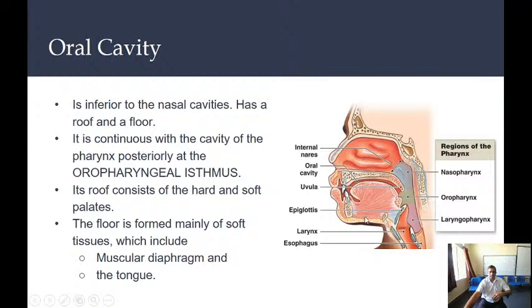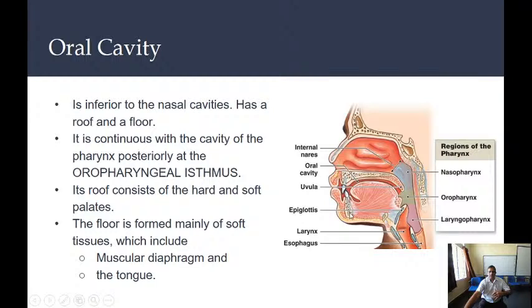This mylohyoid is the one which forms the oral diaphragm. It is one of the first, the most superficial muscles, which forms the floor.